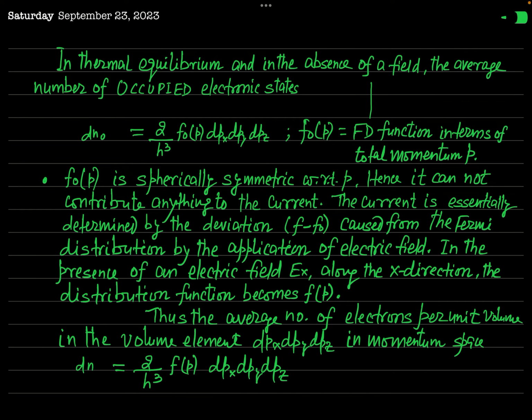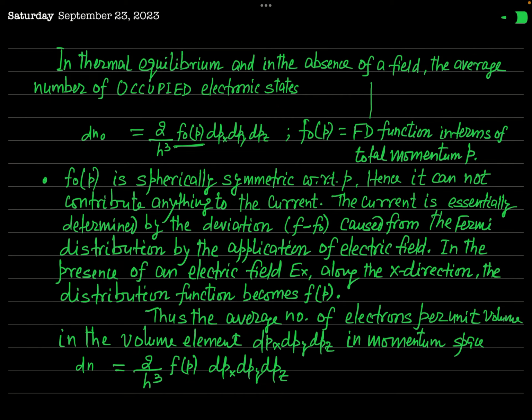It measures the probability of finding an electron in a particular energy state, in a particular quantum state. So when you multiply the number of quantum states by the Fermi-Dirac distribution function or occupation probability, you will get the number of occupied states, and the number of occupied electronic states is also equal to the number of electrons.